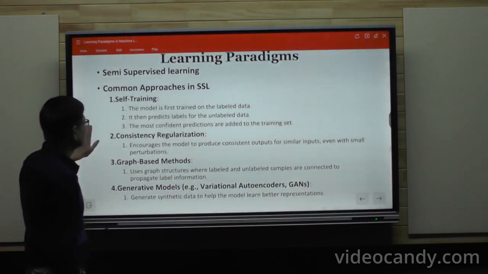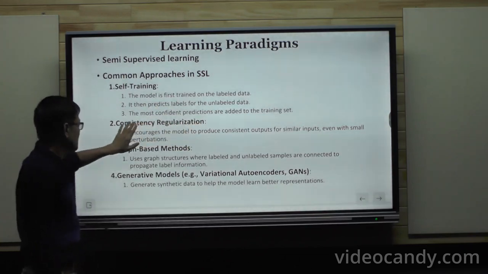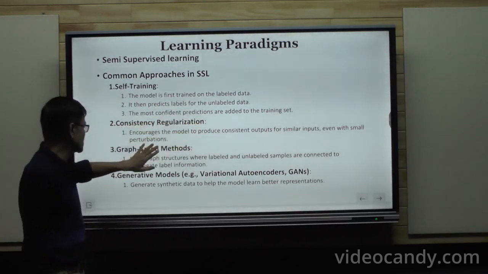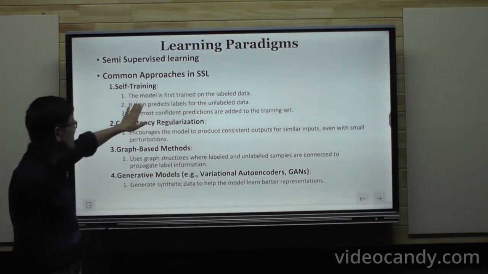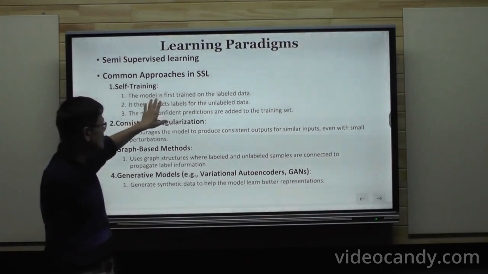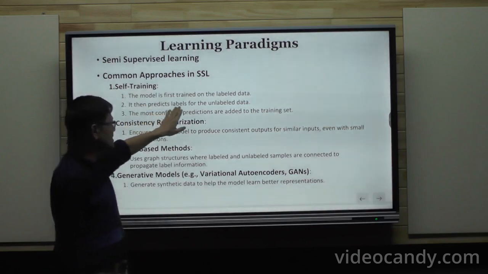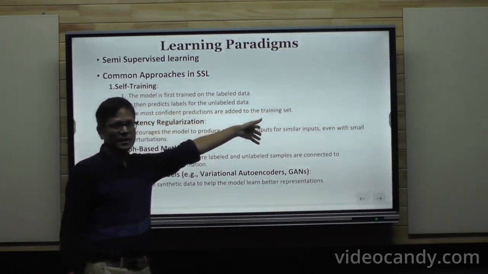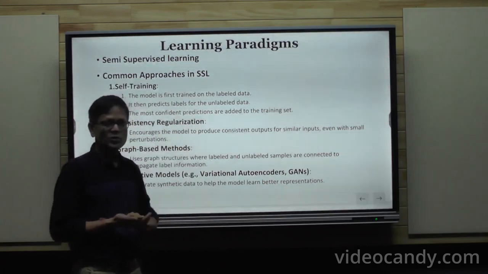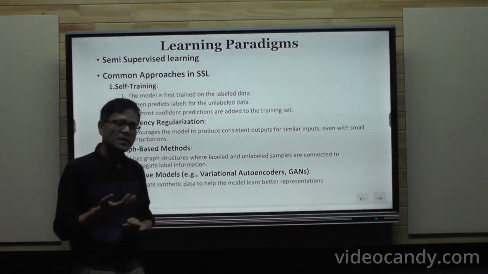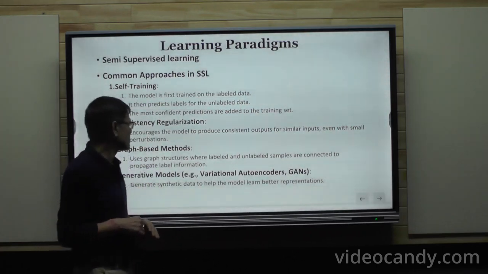The common approaches in semi-supervised learning are self-training, consistency regularization, graph-based methods, and generative models. In self-training, the model is first trained on the labeled data. Then it predicts the labels of the unlabeled data. So some expert has already given you labeled data, you train the model on the basis of that, then you predict the labels of unlabeled data.